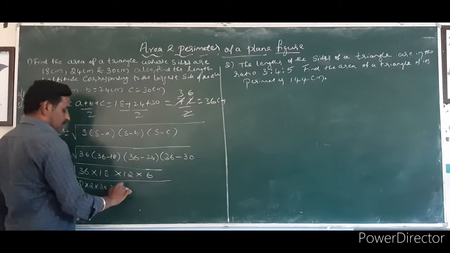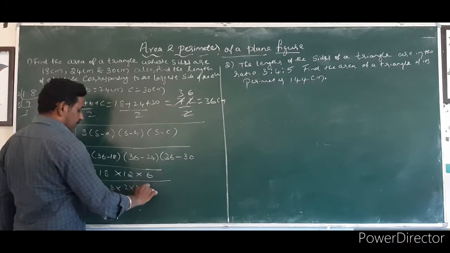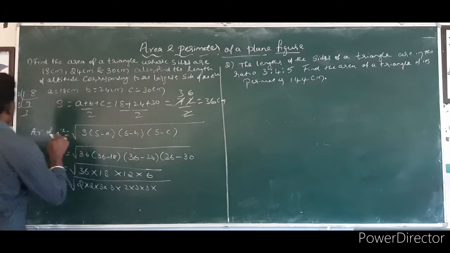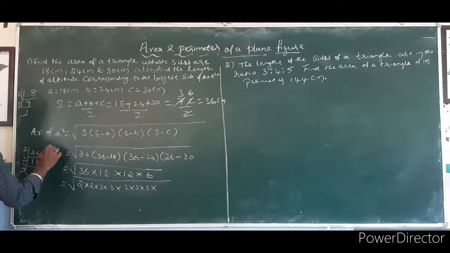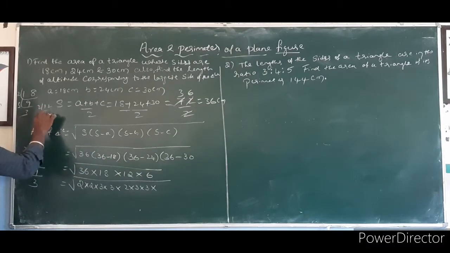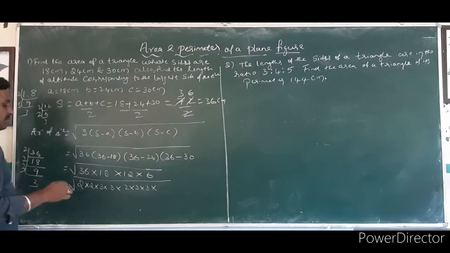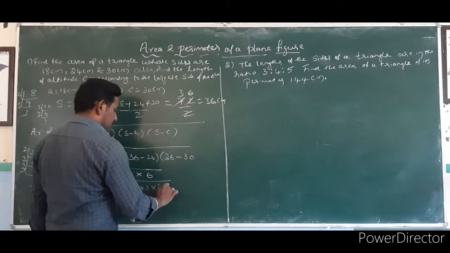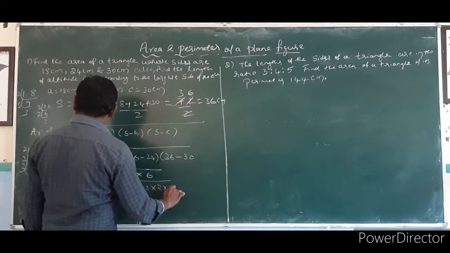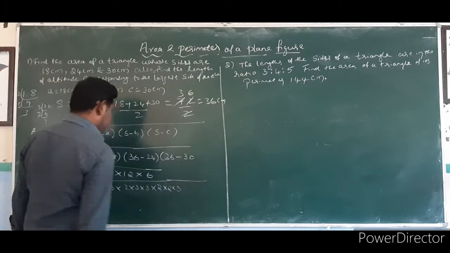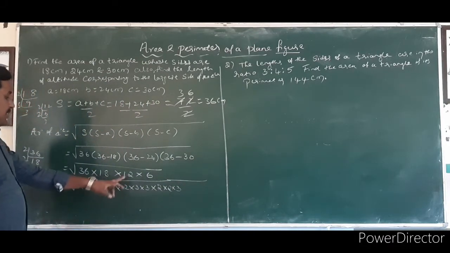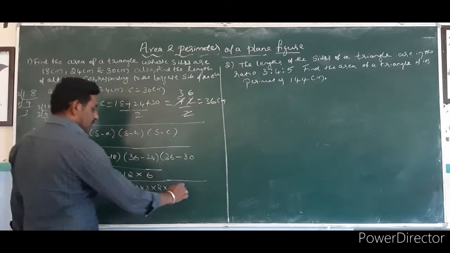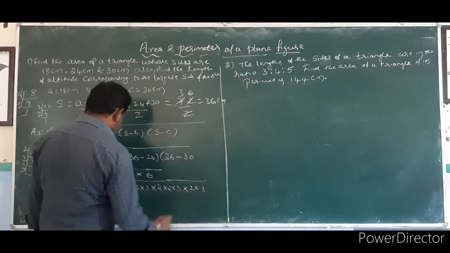That is 2 into 3 into 3. For 12, 2 6s are, 2 3s are, 2 into 2 into 3. For 6, 2 into 3.